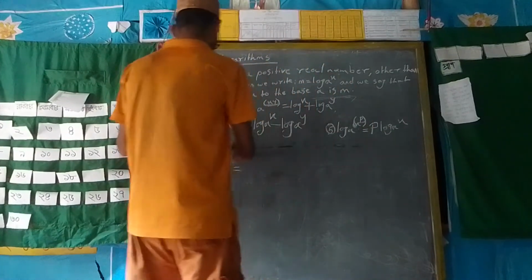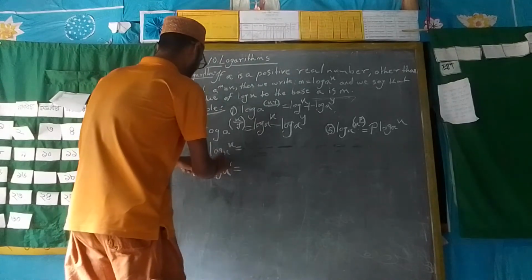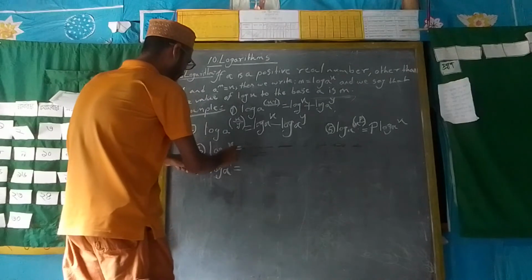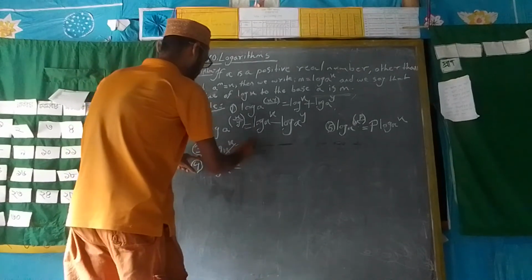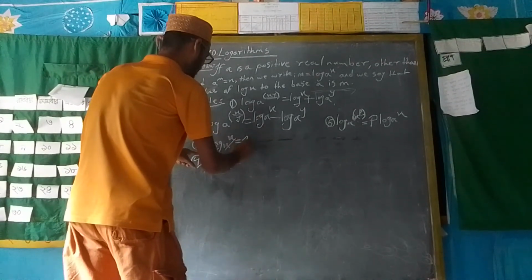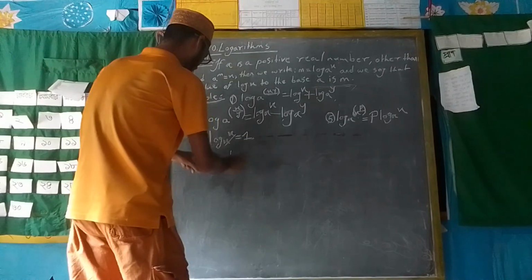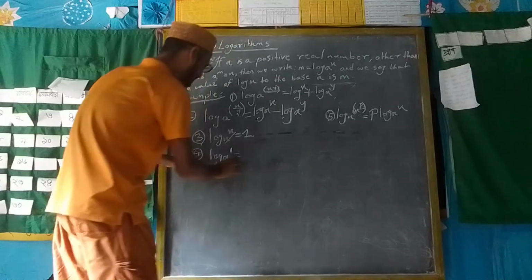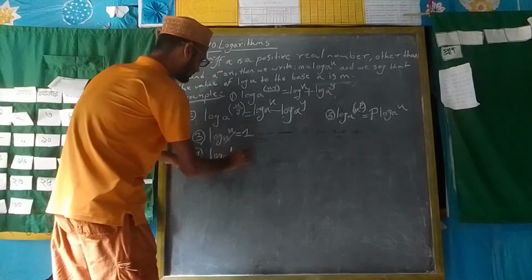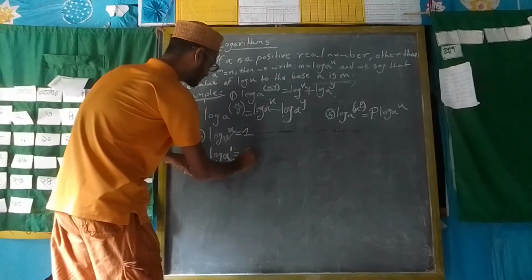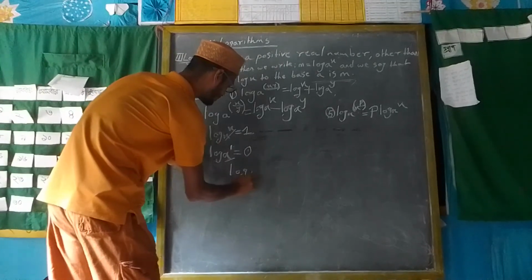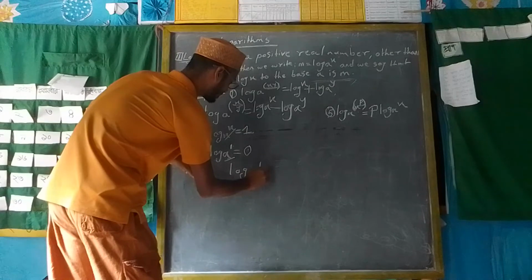Here is our example. Then example number 3, log x power x. Similar power and base will be converted into 1. And log a 1, if any number of power 1, then our result will be 0. Like log 5 power 1 equals what?